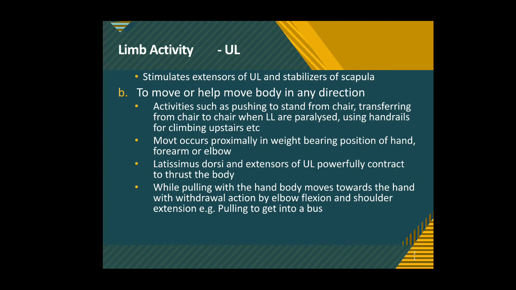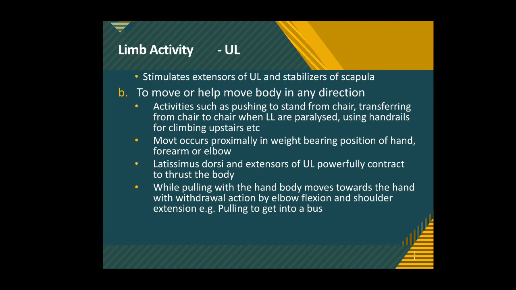This weight bearing on the upper limb stimulates the extensor muscles of the upper limb and the muscles which are stabilizers of the scapula. Second major action of the upper limb is to move or help move the body in the direction which the person wants.